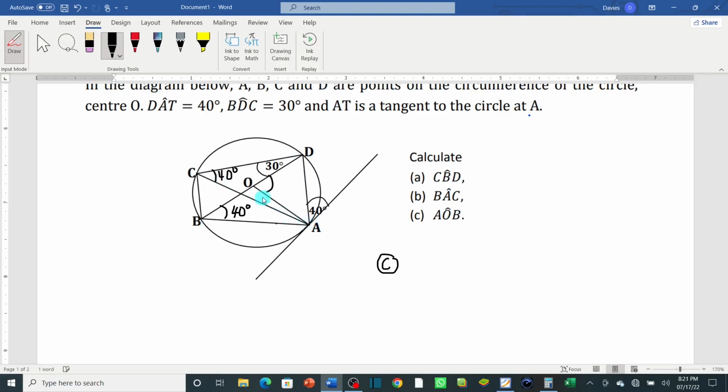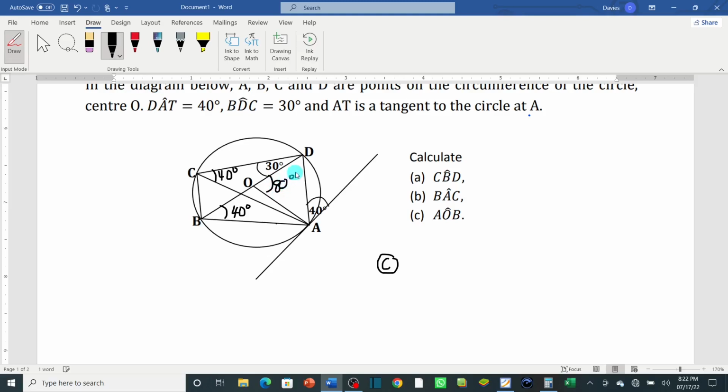So according to another theorem, an angle subtended by the arc at the center or by a chord at the center is twice the angle subtended by the arc at the circumference. So this angle, which has subtended this chord at the center, is twice this angle it has subtended at the circumference. So meaning this angle is 40. Since it is twice, that angle is 80.